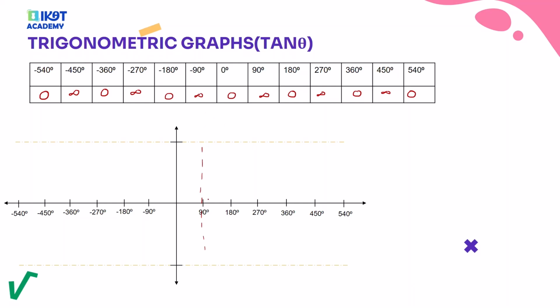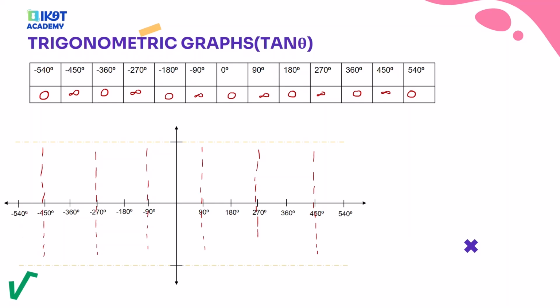Here at 90, it's undefined. At 270, it's undefined. Then at 450, it's also undefined. Then we come here: at negative 90, it's undefined. At negative 270, it's undefined. At negative 450, it's undefined.